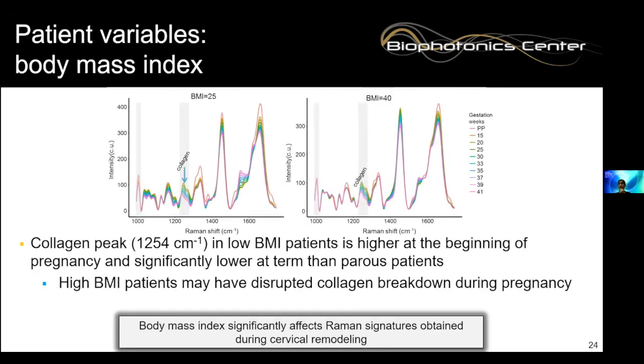When you look at patients who have a high body mass index versus normal, another case where the process is much slower for high BMI patients, which is perhaps indicative of why high BMI patients tend to have a harder time delivering their babies, because the cervix just takes a lot longer to remodel.